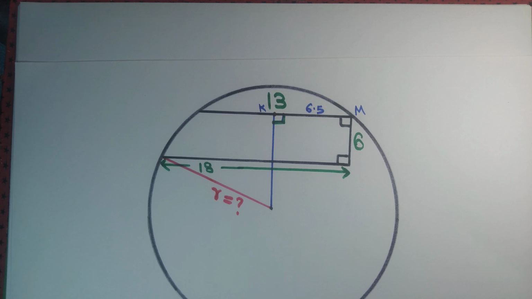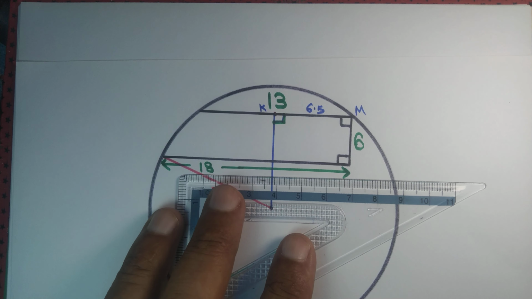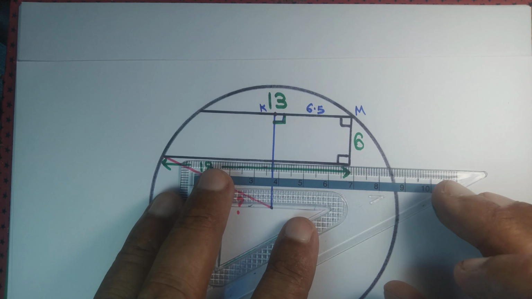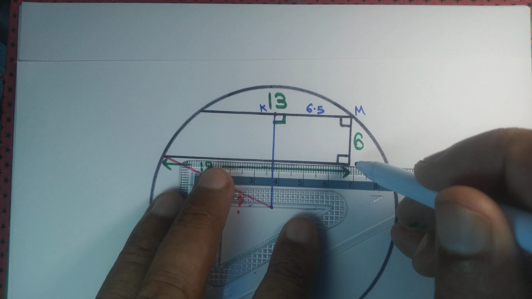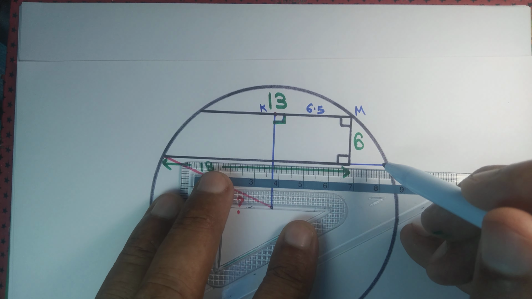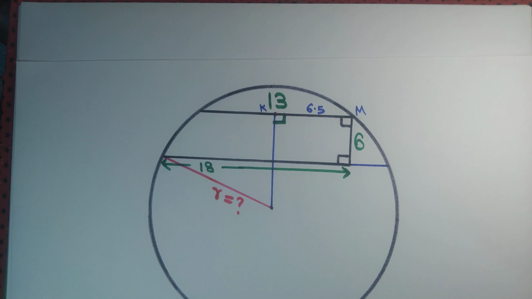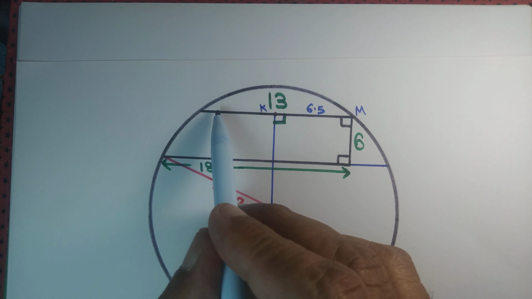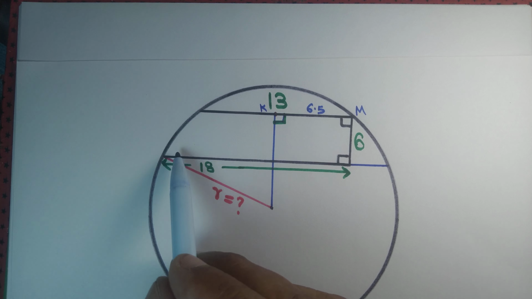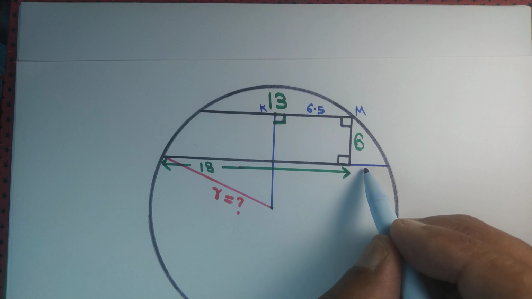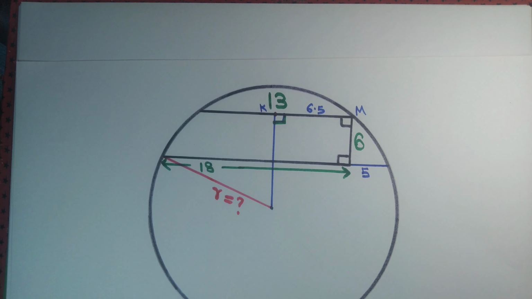Next, let us extend the line segment that measures 18 units to get a longer chord. Now, since this chord measures 13 units, the left out is 5 units. If you believe, then by symmetry, this must also measure 5 units.